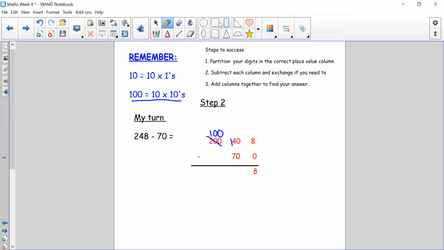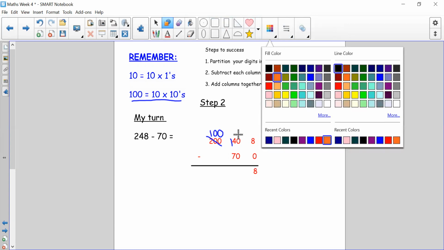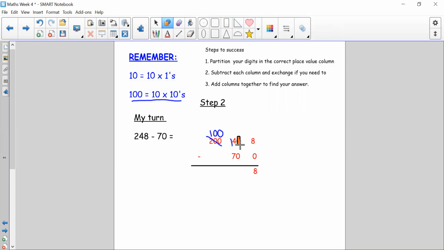Okay, now a little trick for you here. If we cover up our zeros, I cover up that 0 there, and I cover up that 0 there, that is 14 take away 7. Okay, so 14 take away 7 is 7, but we need to make sure that we're adding our zeros because it is a tens digit.